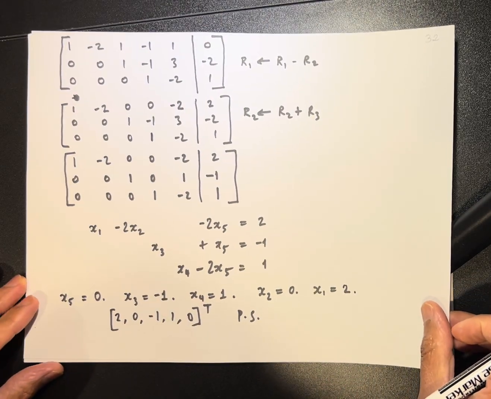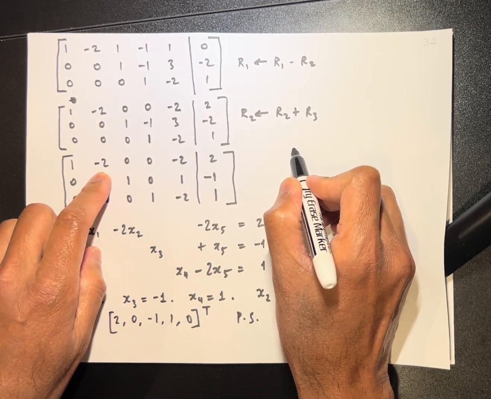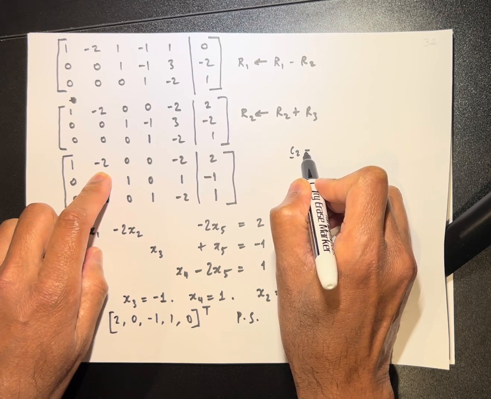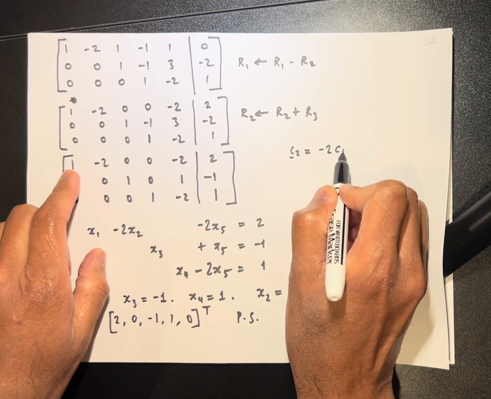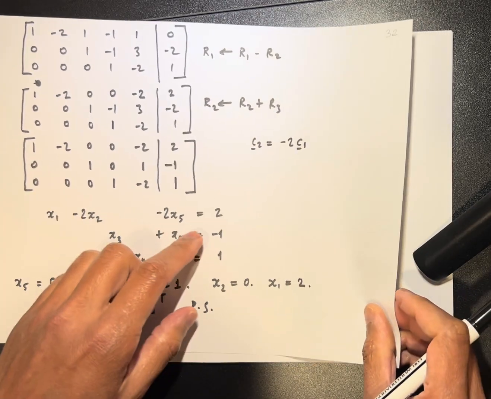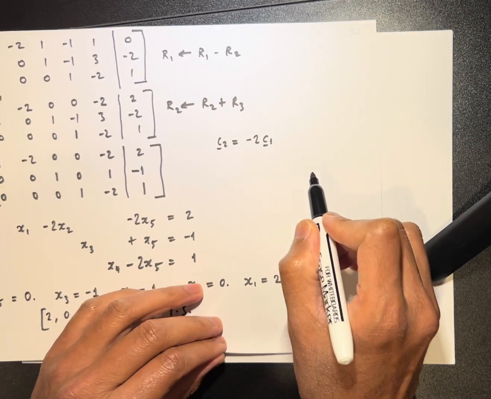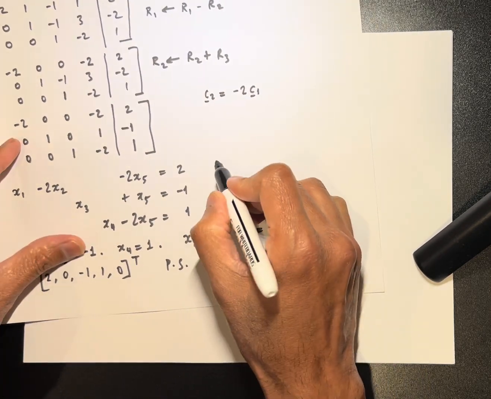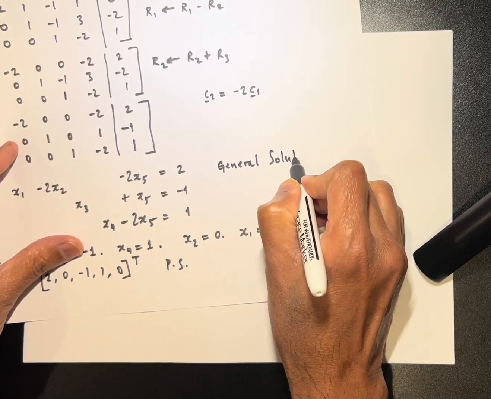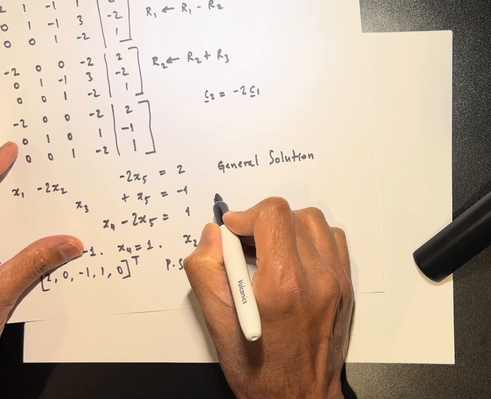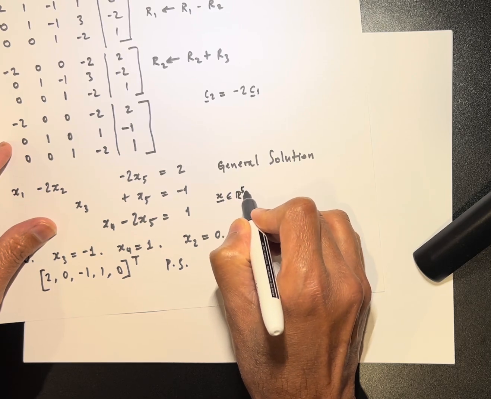Here column 2 we have to express, so let me write here. So column 2, if you see, is simply equal to -2 times column 1, right? This means the whole form is going to have, let me write here the general solution. Okay, this is going to be all x in R5, right?